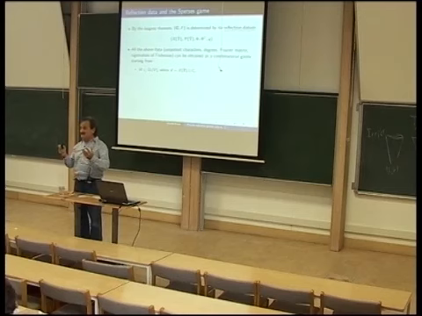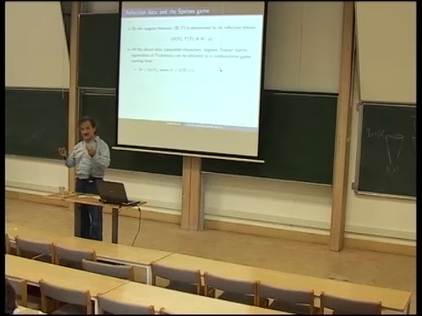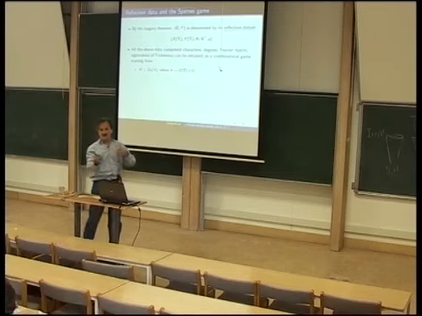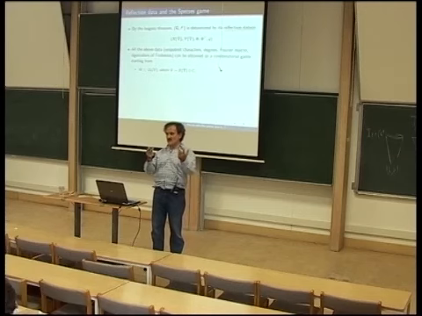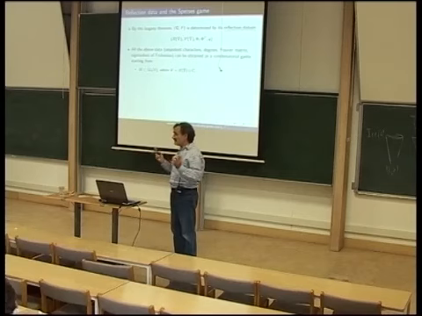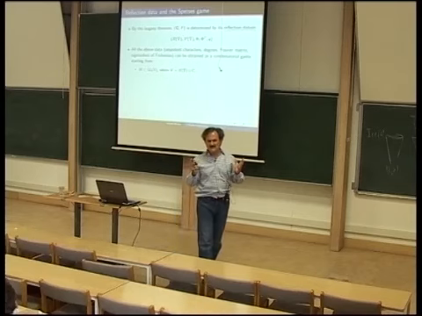Lusztig gave descriptions of the unipotent characters in terms of combinatorial structures, symbols of one kind for B, another kind of symbols for C. And it took a while to realize that these symbols were in natural bijection, because C and B, from this point of view, are indistinguishable.